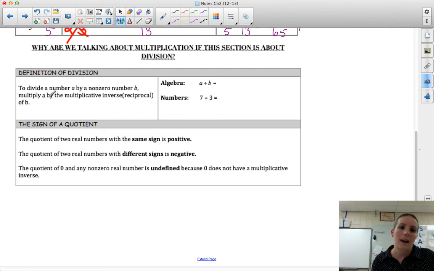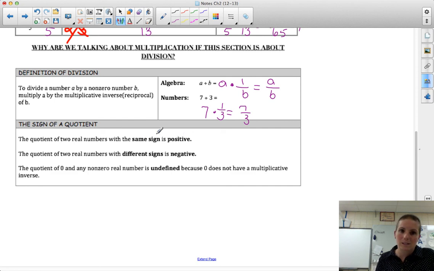To divide a number A by a non-zero number B, multiply A by the multiplicative inverse of B. So when we look at A divided by B, it's really saying that we should take A and multiply it by the reciprocal of B, which would be 1 over B, which is why when we see that division bar, we can change it to a fraction, A over B. Or if we were looking at a number, we would say 7 times, instead of dividing by 3, 1/3, and when we multiply, we're going to get 7/3, and that will be just fine.